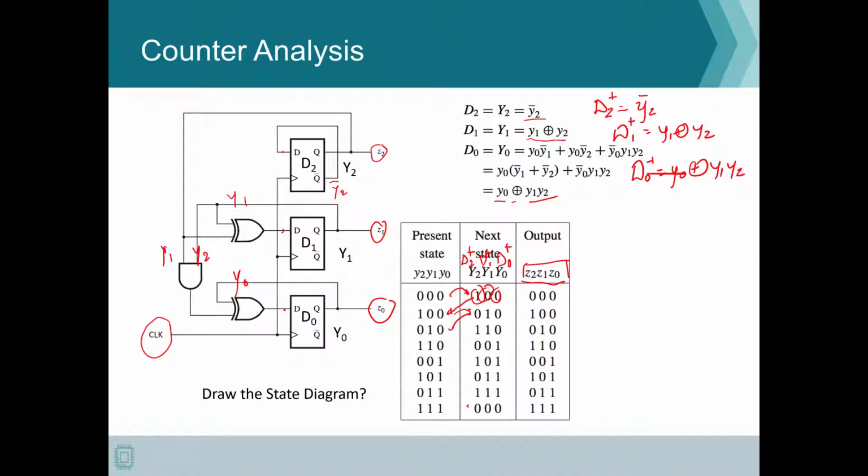Now we move this value in, 1, 0, 0, and compute again. When we substitute, the D2 plus value is 0, the D1 value becomes 1 XOR 0, which is 1, and the last value gives 0.